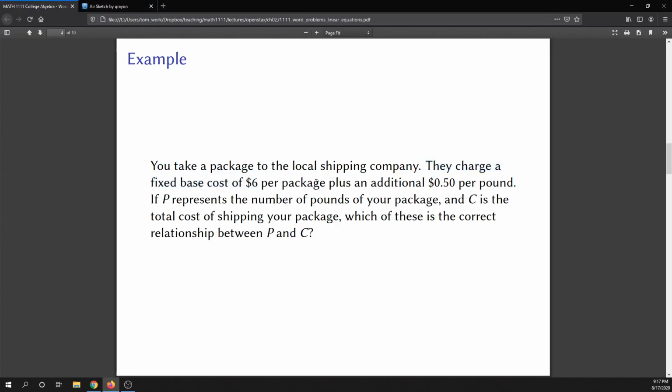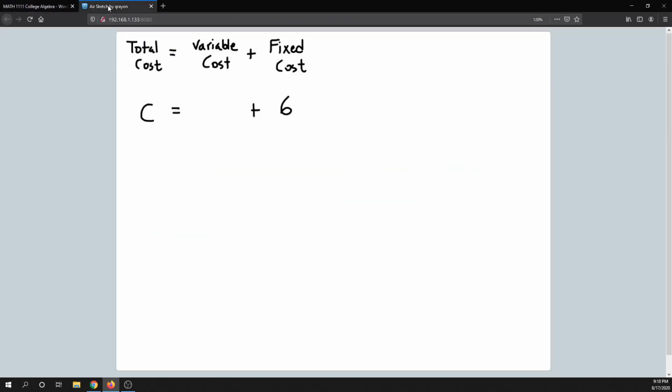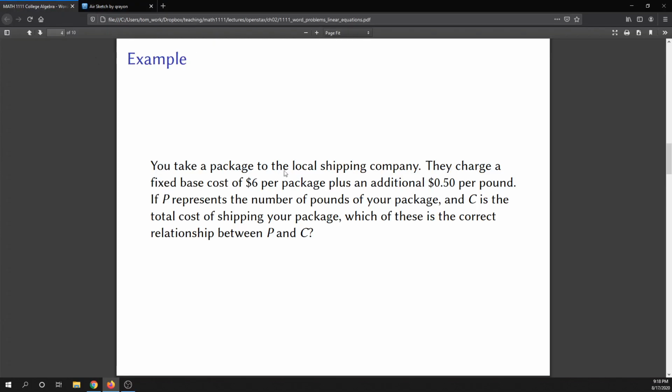And then it says plus an additional 50 cents per pound, right? So a 1 pound package would cost 50 cents. A 2 pound package would cost $1. 3 pounds, $1.50, and so on and so forth. So that 50 cents is going to be involved in the variable costs. That variable cost is going to vary depending on how heavy your package is. And then P, the variable P, represents the number of pounds of the package.